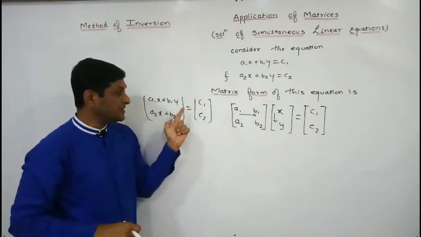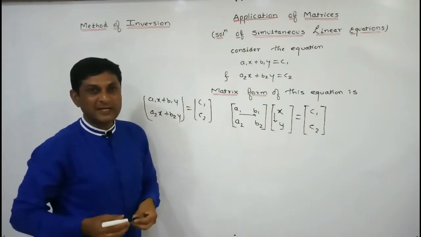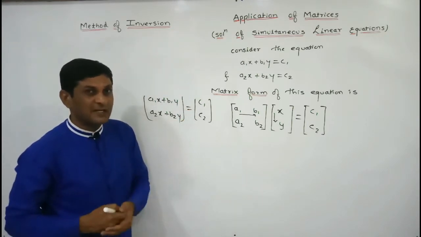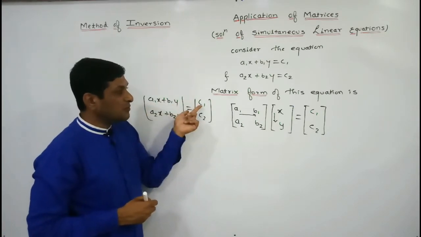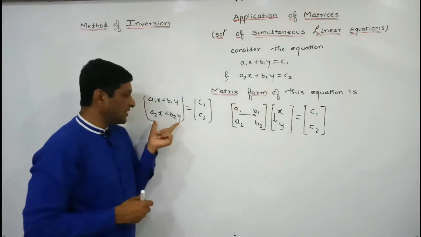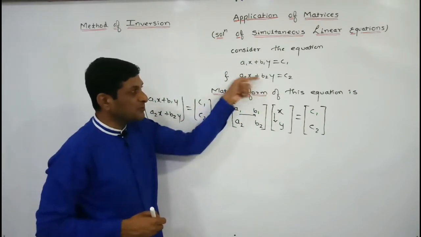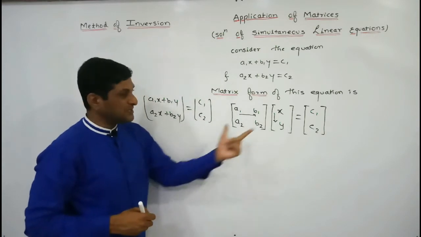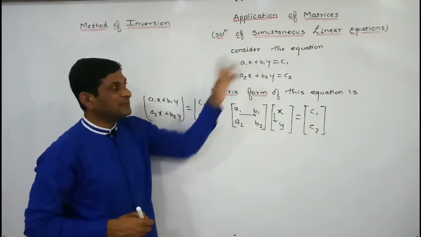Now here we can observe that these two matrices are equal matrices, and we know that if two matrices are equal, corresponding elements are also equal. Means a1x plus b1y is equal to c1, so we will get the first equation, and a2x plus b2y will be equal to c2, means we will get the second equation. After simplifying this matrix form, we will get the same equations.